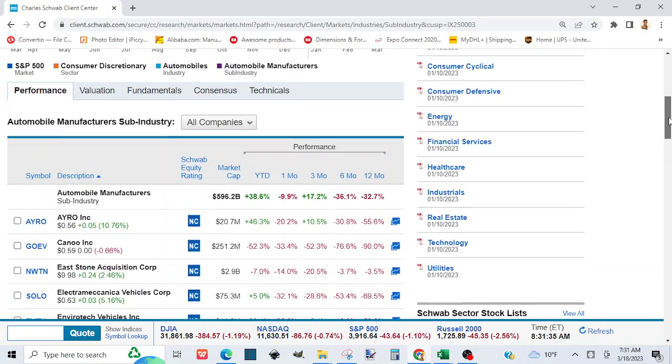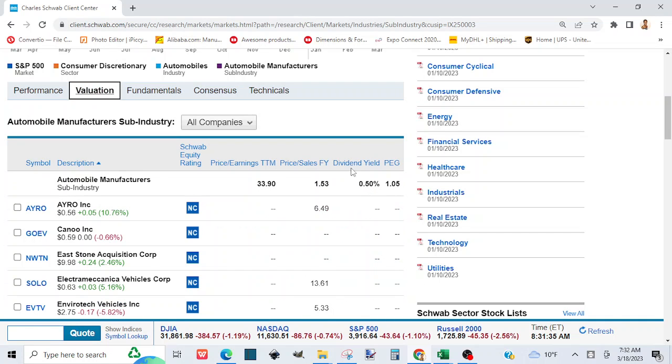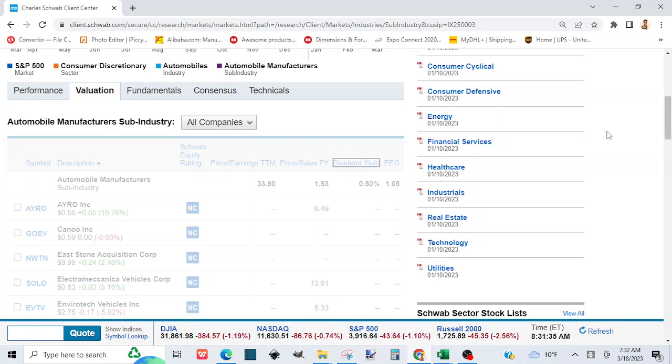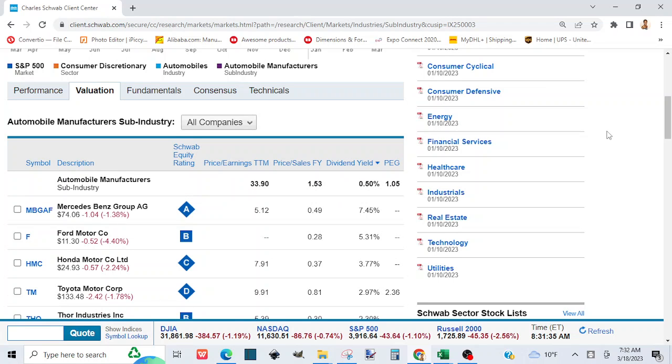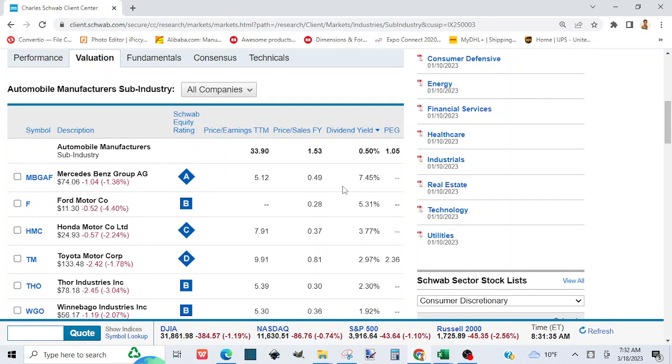So what we are going to do is, because it's showing us some other performance that we are not caring for, we are going to go to valuation and click on dividend yield to filter by dividend yield. So now that we filter by dividend yield, we are going to go through the highest dividend yield, and we are seeing 1, 2, 3 here that we like.